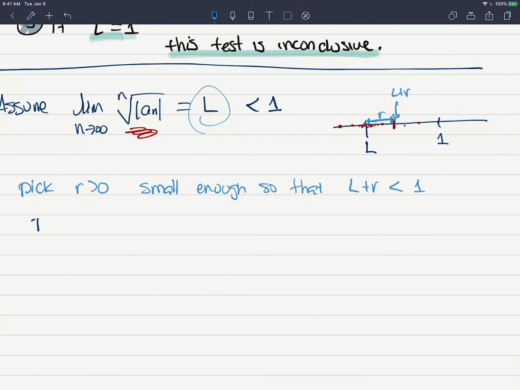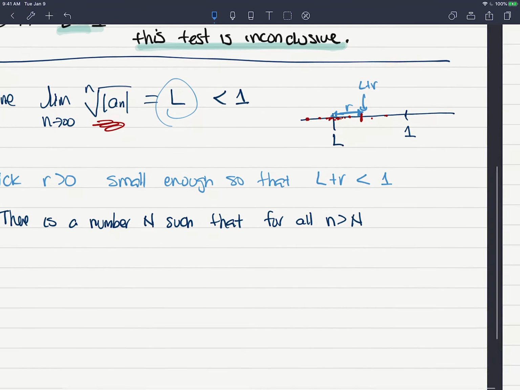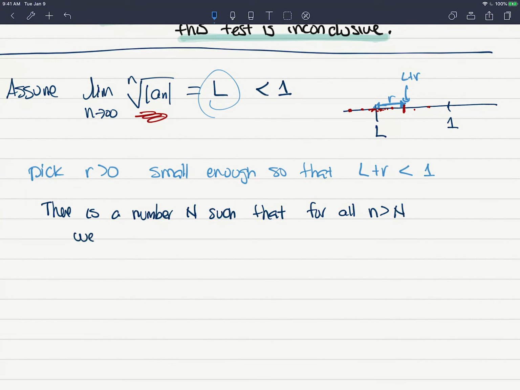So there is a number, I'm going to call it uppercase N, such that for all values of little n bigger than that N, we will have that the nth root of the absolute value of an is less than L plus R. This is the L plus R that I'm showing over there.